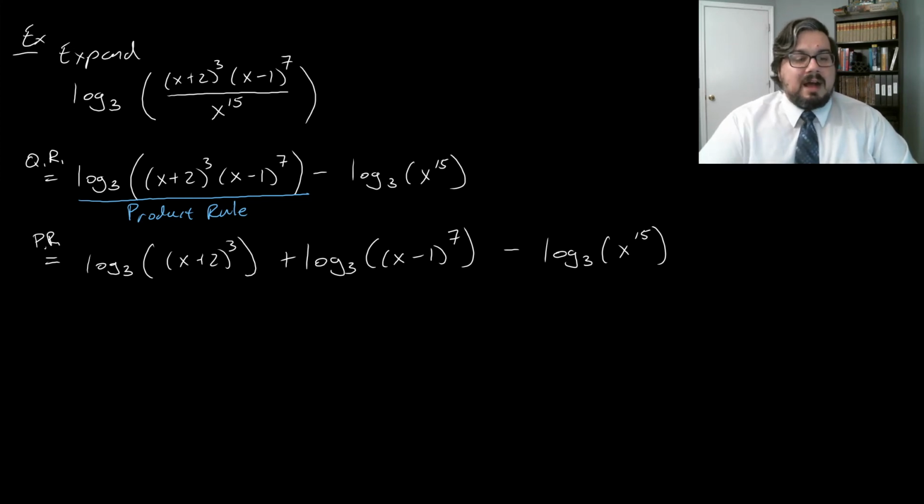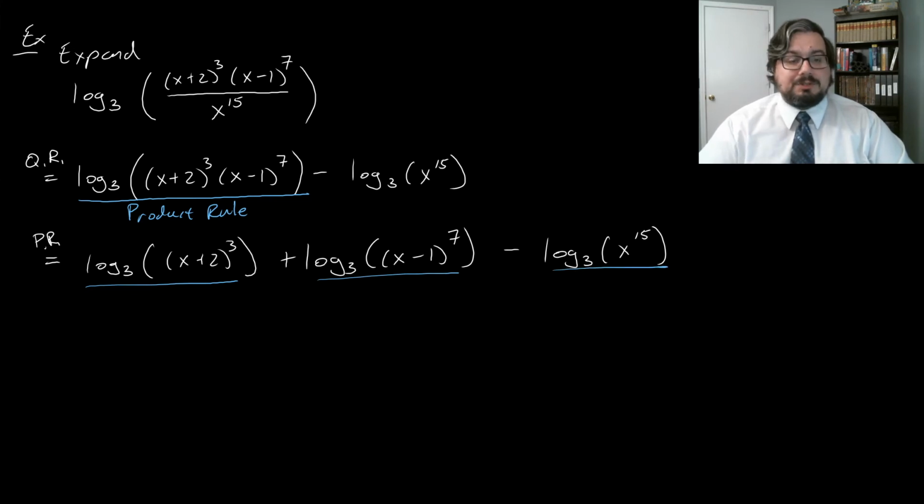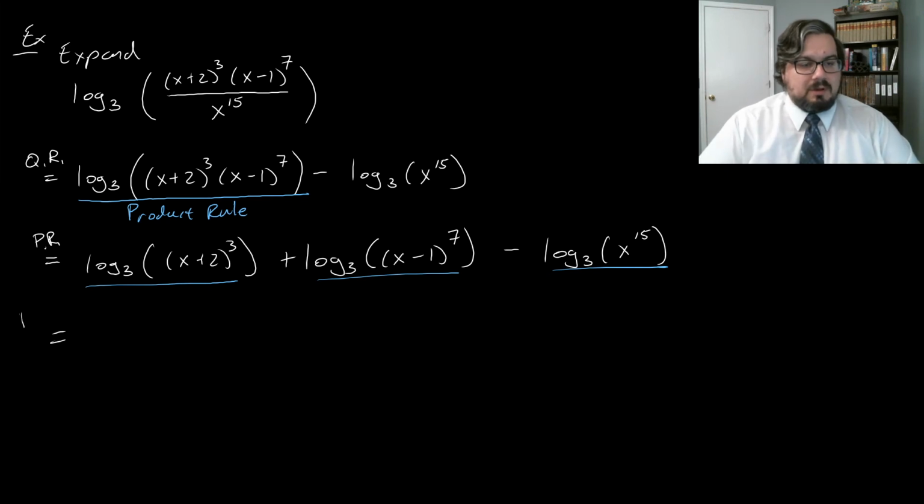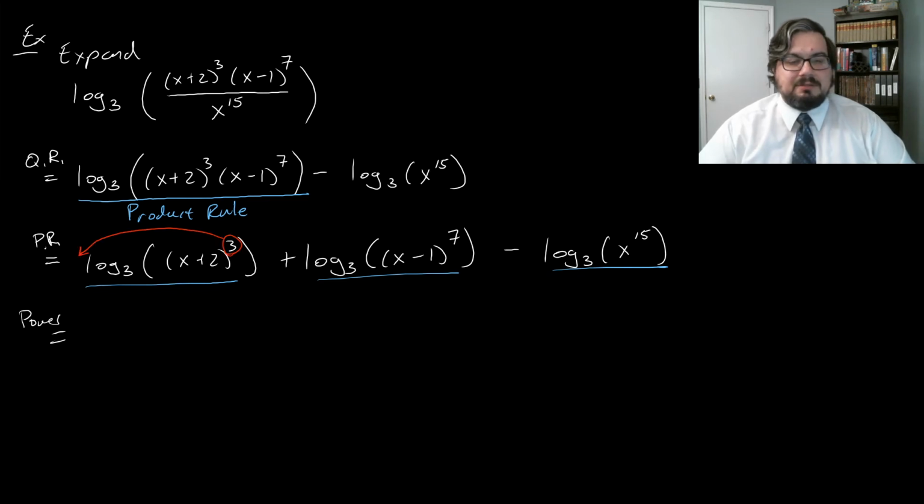Well, now we've got a bunch of terms which we can apply the power rule to, because inside each one of these logarithms is some expression raised to a power, and that's the only thing inside the logarithm. So by the power rule, we can take this 3 and bring it down in front of the logarithm.